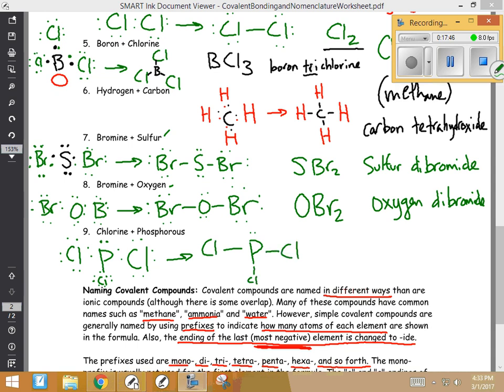And I'll make more space next time. Don't forget those unshared pairs on your chlorines. And I think we're just about done. The formula is phosphorus, and there are 3 chlorines. So it's PCl3, and the name is phosphorus trichloride. Now, I want you to be aware that phosphorus and sulfur can sometimes act differently, but generally this is what you're going to see.